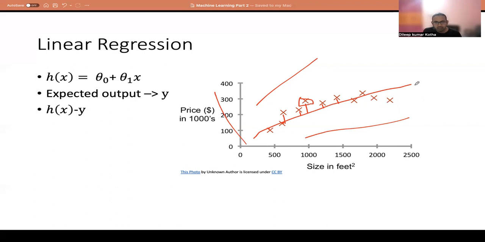And if we measure the loss for all the training data together, that is called a cost function. So our goal is to minimize the cost function, such that the deviation reduces automatically and will help us in getting a better hypothesis. Okay, let's move on to the next slide.